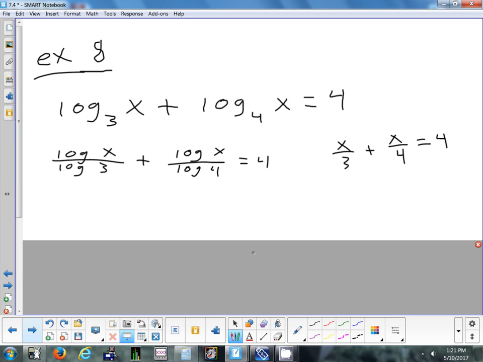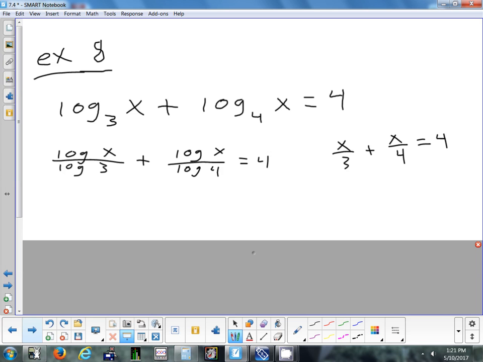So if you were going to work with this equation on the right, what would it be nice if you could do that would make it easier? What would you maybe want to get rid of? The fractions. If you could get rid of the fractions, that would make things a lot easier. So the way to get rid of the fractions is to multiply everything by the same number. That would cancel out your denominators.